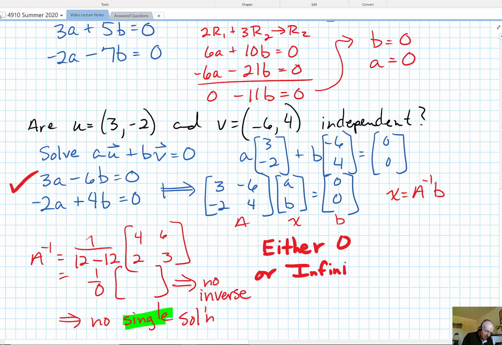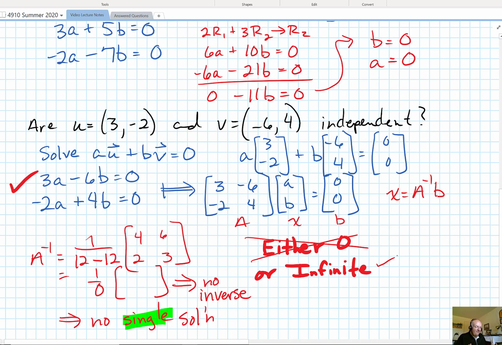Could there be 0 solutions? Well, no. Why? Because 0, 0 is a solution. So there exists at least one solution. So it's not the 0 case, therefore it must be the infinite case.